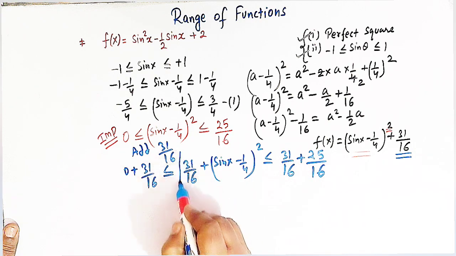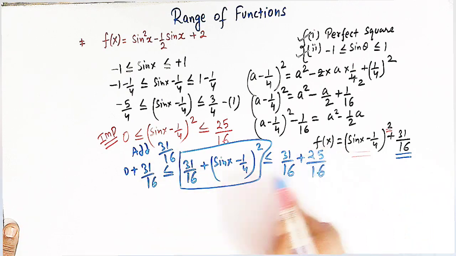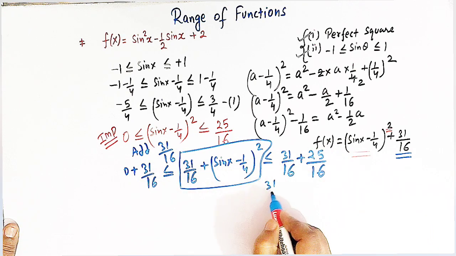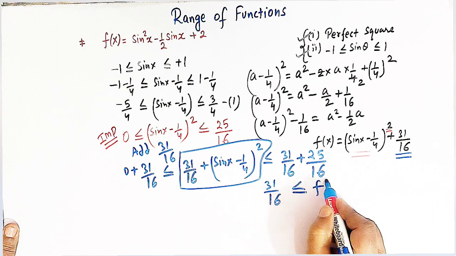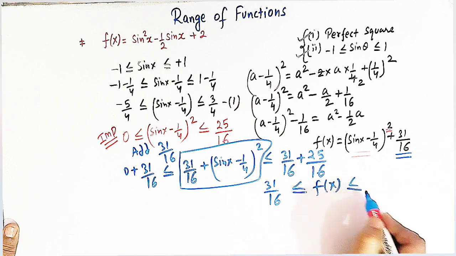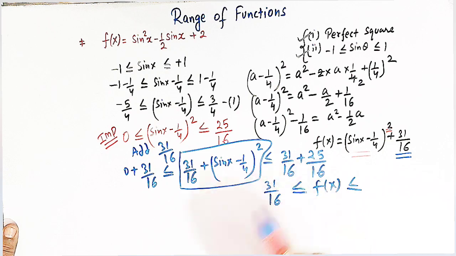Now this is our function f of x. So we have 31 over 16 less than or equal to f of x, which is further less than or equal to the sum of these two fractions.